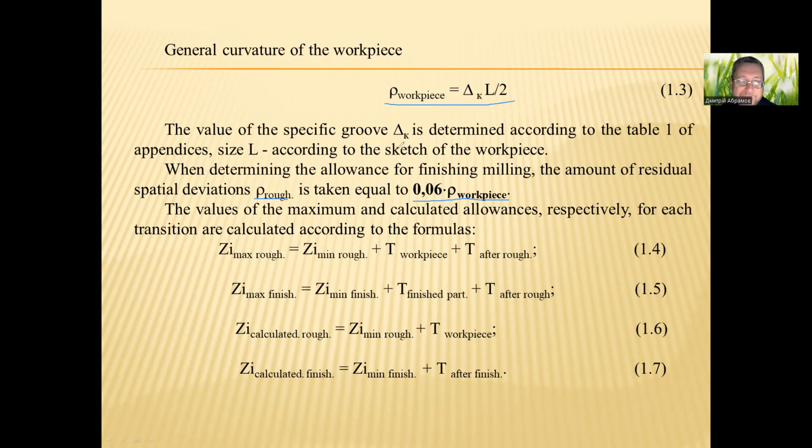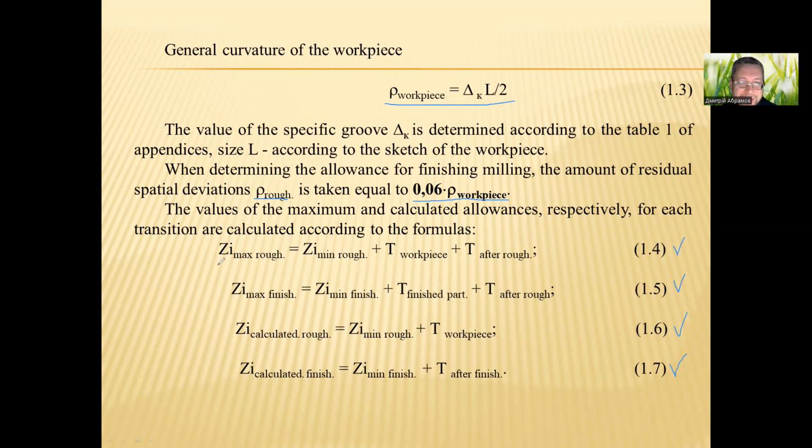The values of the maximum and calculated allowances, respectively, for each transition are calculated according to the formulas 1.4, 1.5, 1.6, and 1.7.